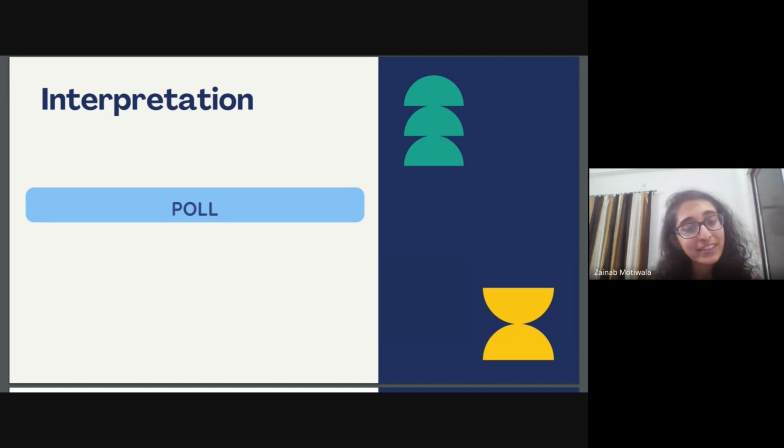Shreep, can you put on the second poll for the interpretation so that everyone can attempt that? And just to reiterate, y'all can go to the activity section, and there you can see a poll section where you can respond to this question. What do you all think is the interpretation for this particular question? Does it show that there is a positive relationship between the two, that is OCP usage and ovarian cyst formation, or a negative relationship, or no relationship?